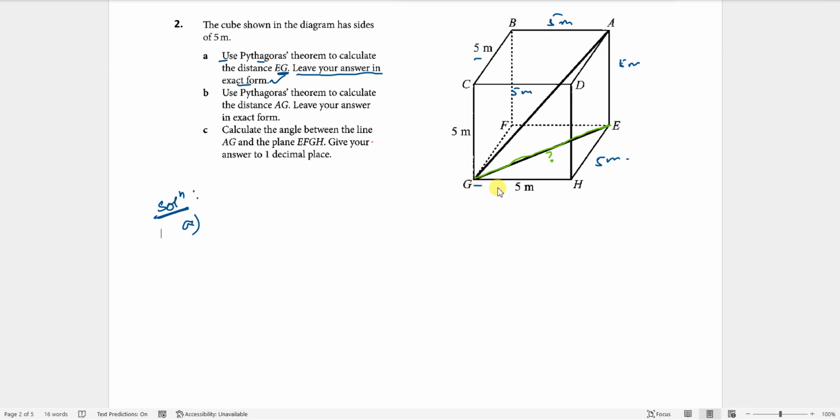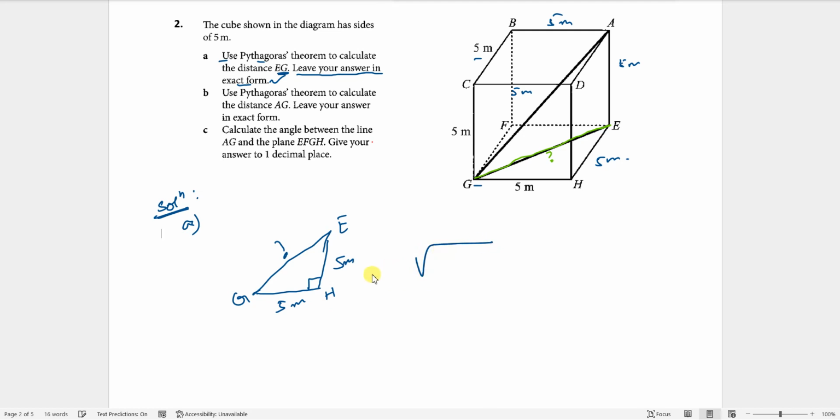Recreate means let's just zoom it. So EGH, like this, and like this. This is 90 degree. Why 90 degree? Because it is a cube and all of its sides are 90 degrees. So this is 5, this is 5 meter. So they're asking you to find EG. Don't forget to mark G, E, and H.